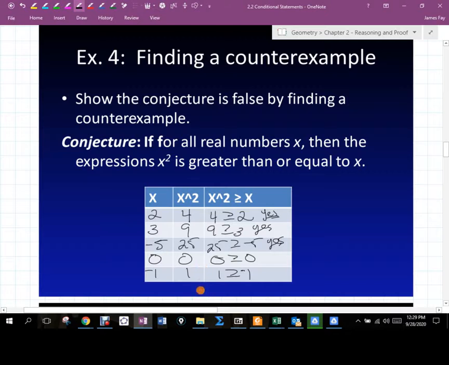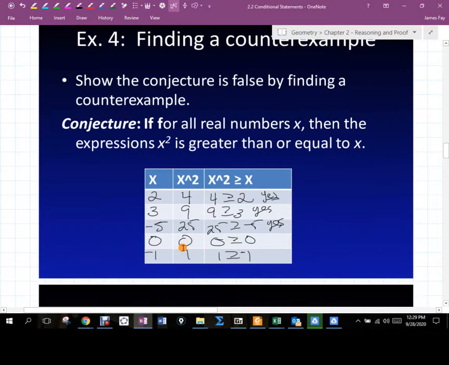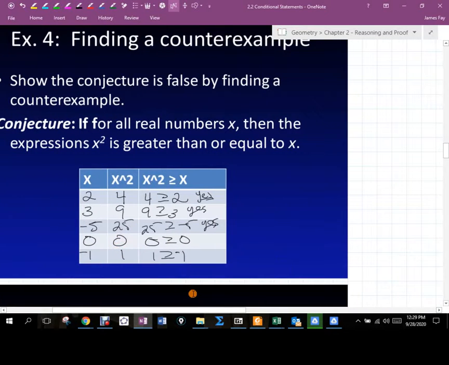Running out of examples, running out of values for x. But there are some values of x that we haven't chosen yet. Anybody have a value of x or a type of number that's not been chosen up there for x? A decimal, okay.